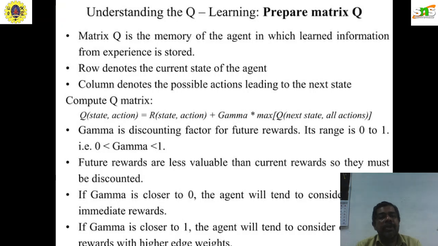So the computation of the Q matrix is Q(s, a) equals R(s, a) plus gamma multiplied by the maximum of Q(next state, all actions). So this is the computation of the Q matrix.